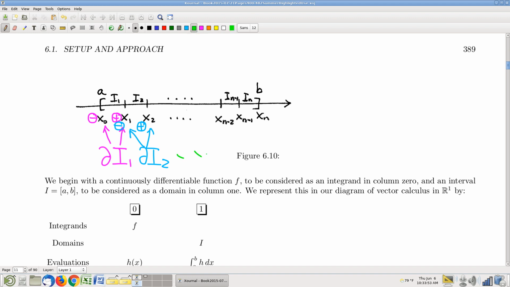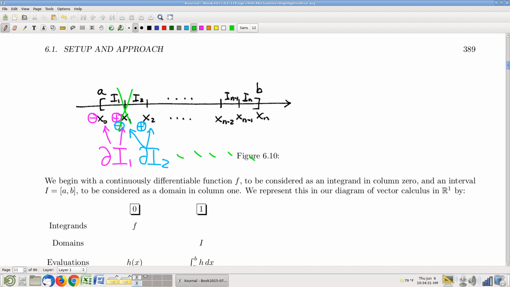As I continue along, notice that this x1 is part of the boundary of I1, the positive orientation, but it's also part of the boundary of I2, but with a negative orientation. So when I start adding up these boundaries, the boundary of I1 plus the boundary of I2, etc., I get x1 appearing twice with opposite signs, and they cancel. It just disappears, right?